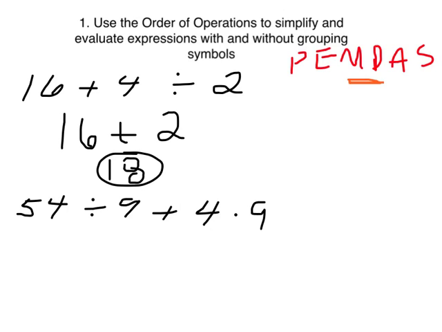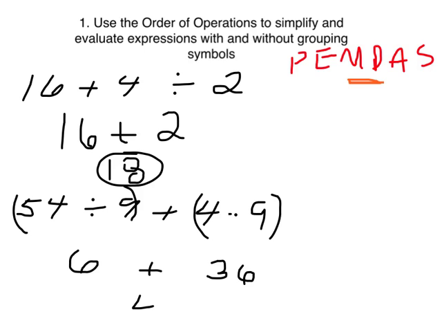So I have multiplication and I have division. And then there's addition in the center. So what we have to do is think of this in isolation. I know the parentheses aren't there, but we have to do those things separately and then add what we get as those answers. So 54 divided by 9 is 6 plus 36. We did 4 times 9 to get 36. So now we can add and we get 42.